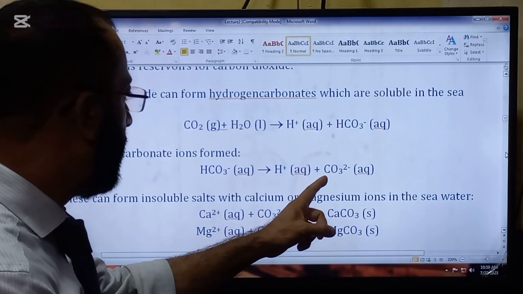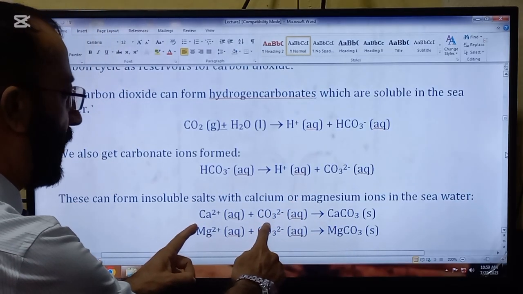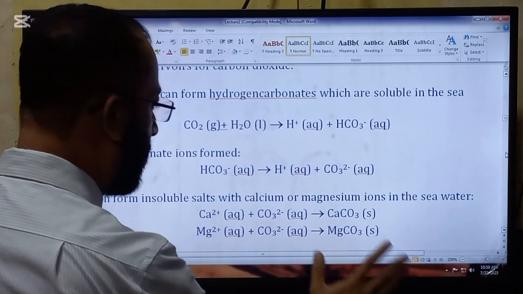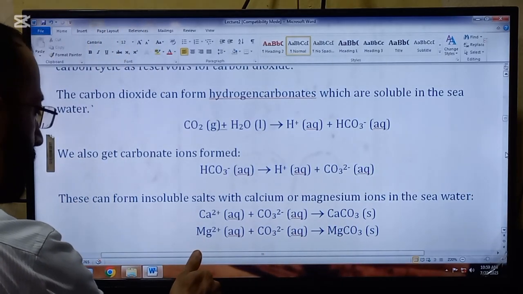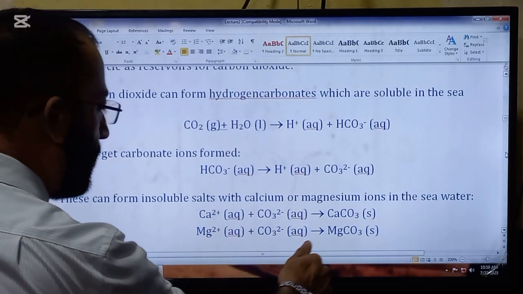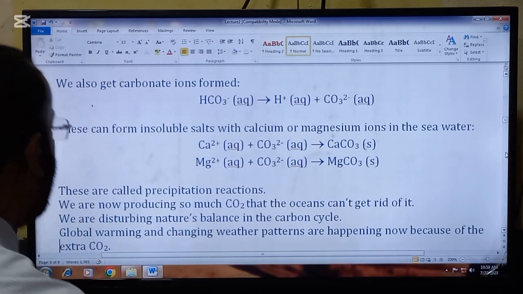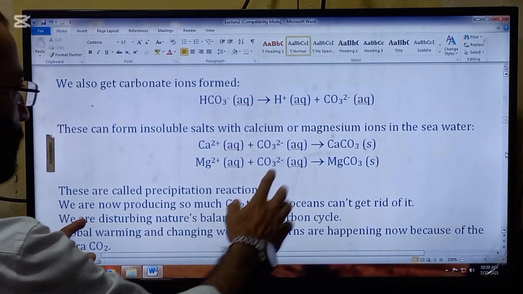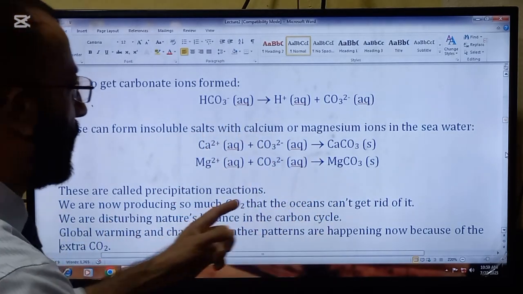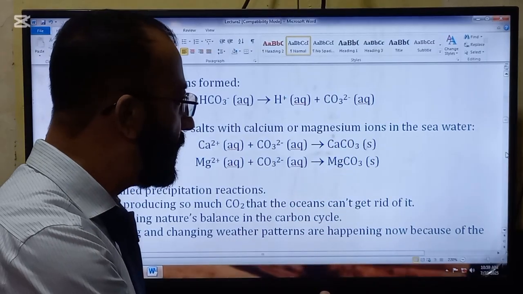When calcium ions react with the carbonate ions, calcium carbonate is made. And when the magnesium ions present in the seawater react with the carbonate ions, they make magnesium carbonate. These are called precipitation reactions. So this is the reason these compounds are deposited at the seabed.